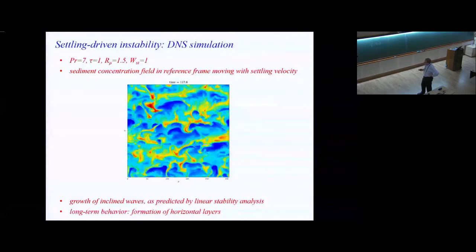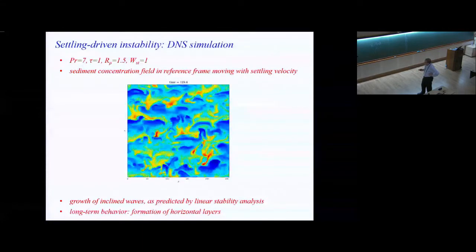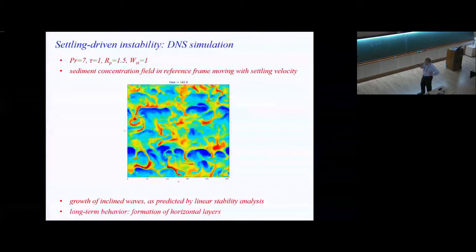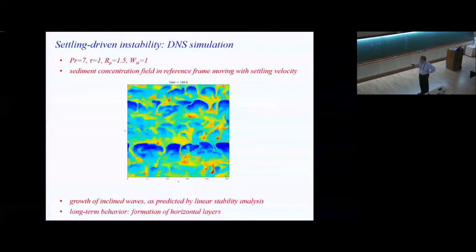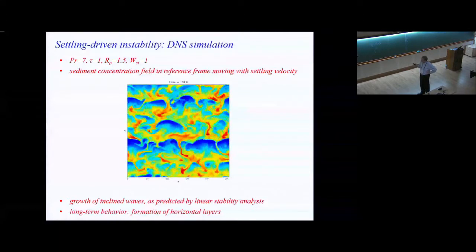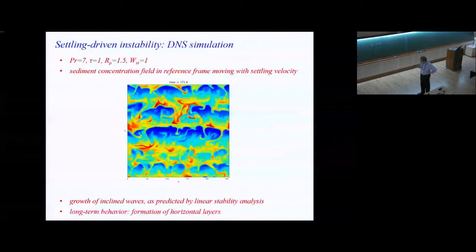Now you see these horizontal layers emerging. So this was the case where, again, the entire instability is driven by settling. There's no double diffusion here because tau equals 1.